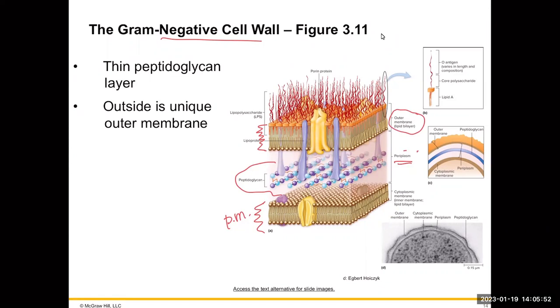Then on the outside of those, they have this stuff that's going to be really important, called lipopolysaccharide. We'll talk about it in a minute. So the difference is a thin peptidoglycan, and then another membrane and lipopolysaccharides.